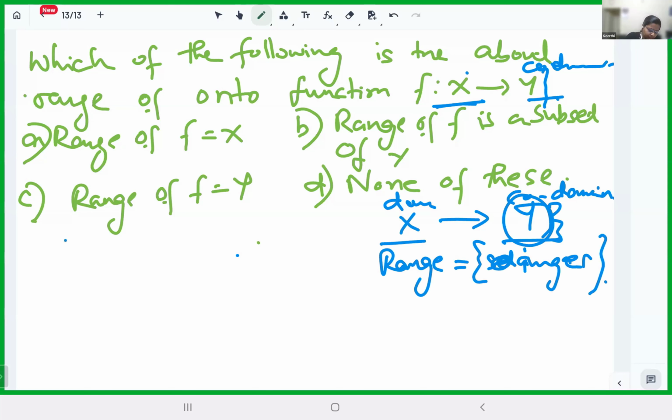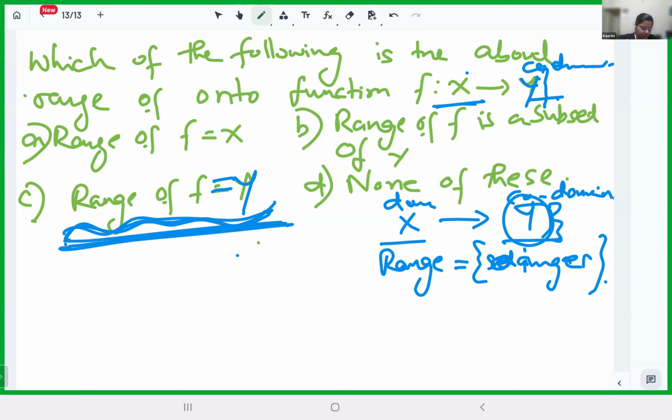So the range of the function should be equal to Y. The range should contain all the elements in Y, right? Range of f is equal to Y. It is a direct application of the definition of onto function.